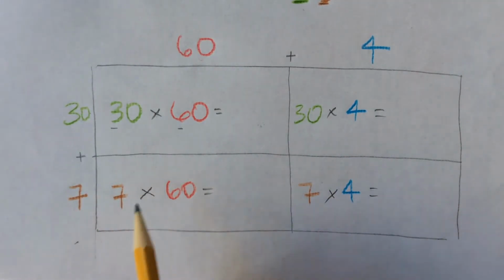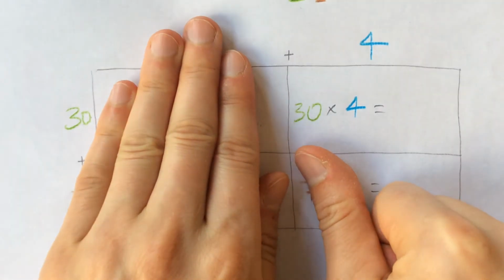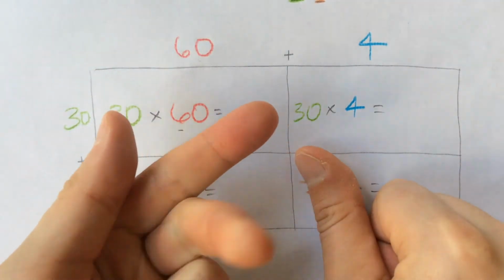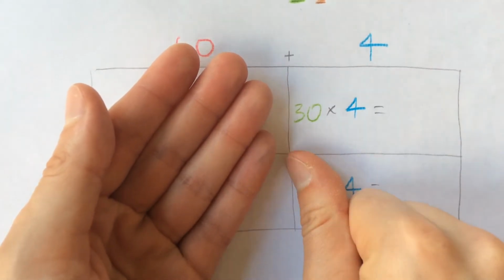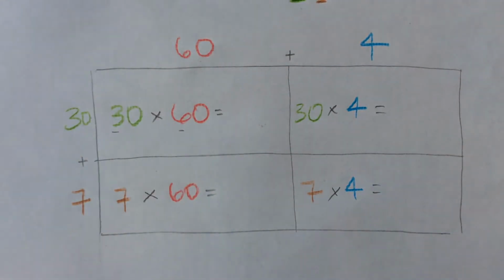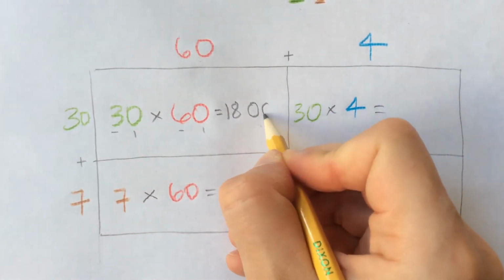And I see that what we're really doing here is 3 times 6. So I'm going to sing the 3 song to the 6th finger. Here I go. 3, 6, 9, 12, 15, 18. And so it's 18. And I see there are 2 zeros, so I'm going to add those in.